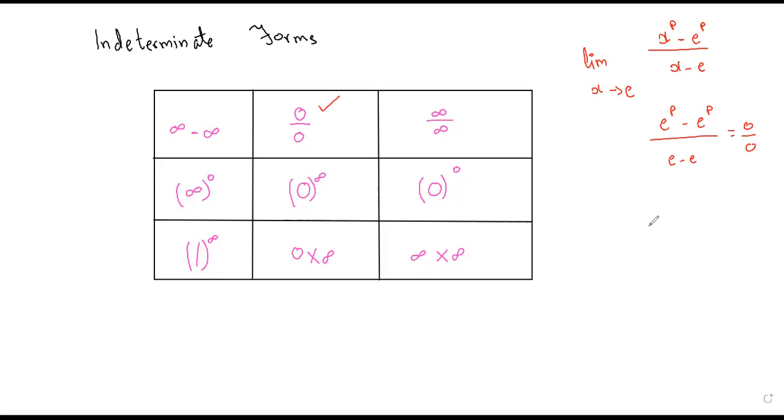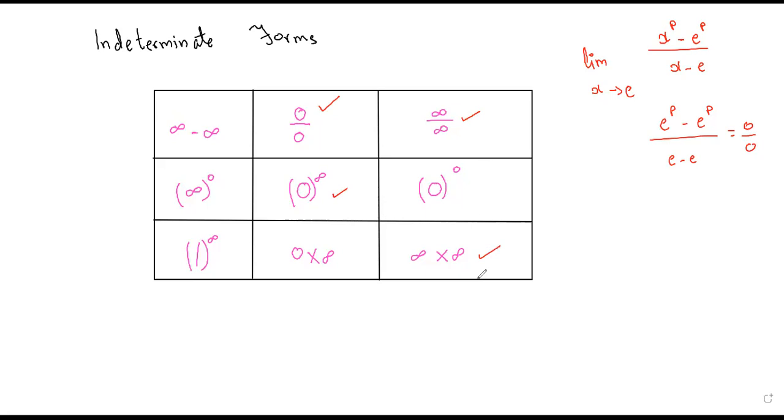So by now we know if we are plugging in the limit and if we are coming across any of these values, it could be infinity minus infinity, 0 by 0. This would be the most popular one. You can come across this one as well, then this one as well. So all of them are not acceptable. We need to modify the function and then plug in the limit. Okay. So I assume that this part is clear.